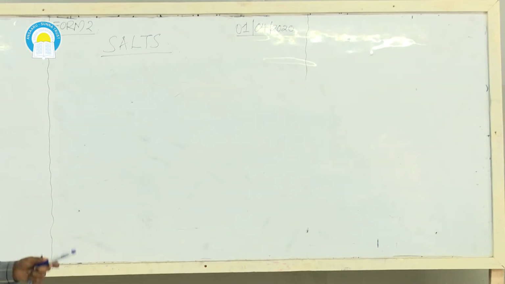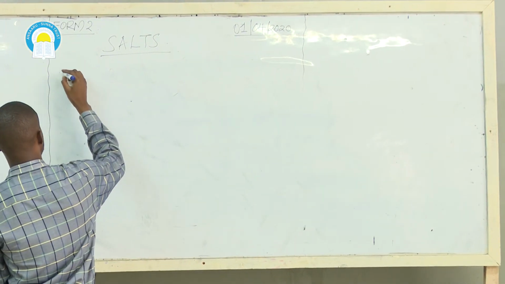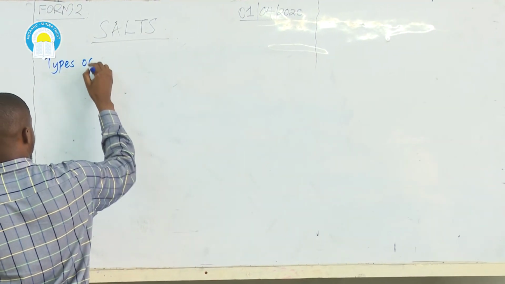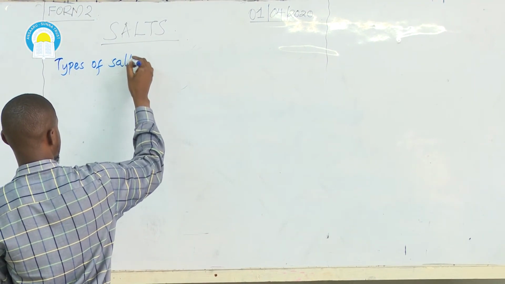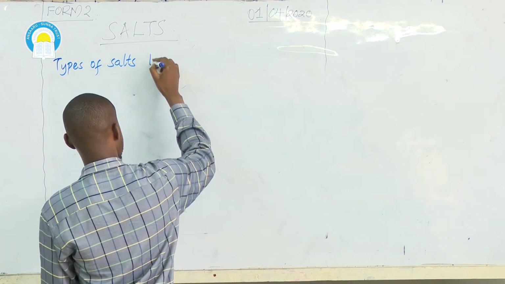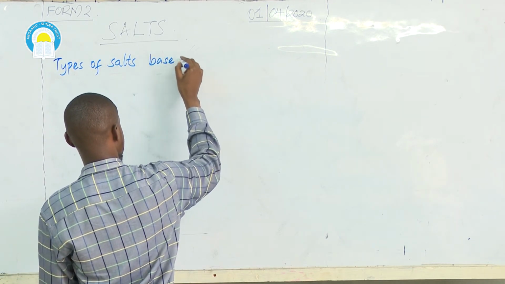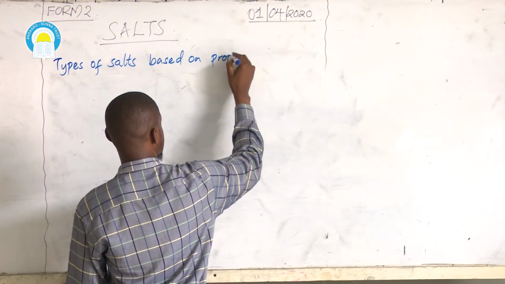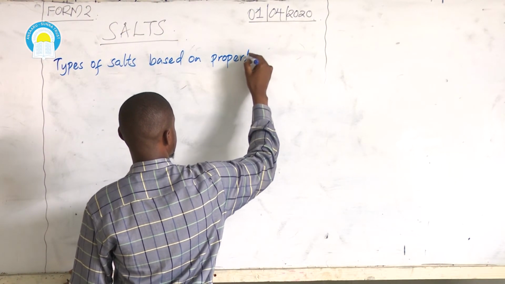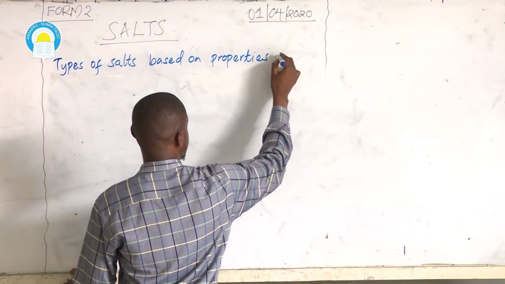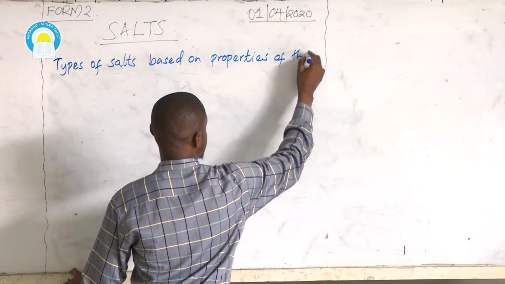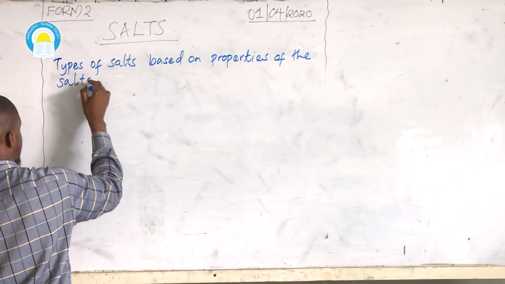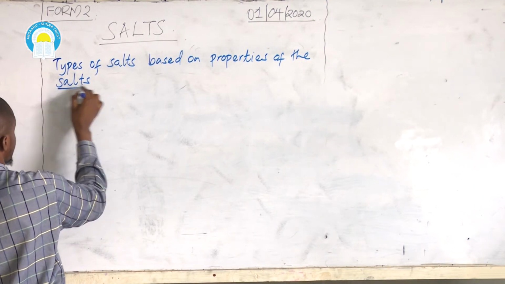So we have types of salts based on properties of the salts.